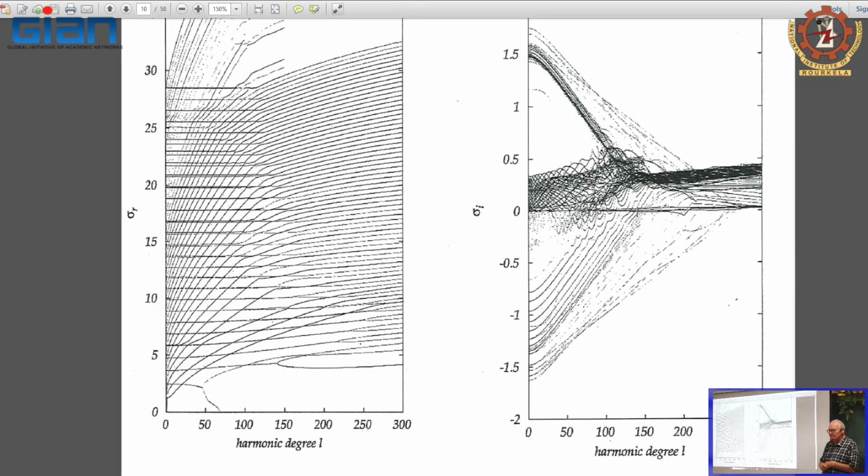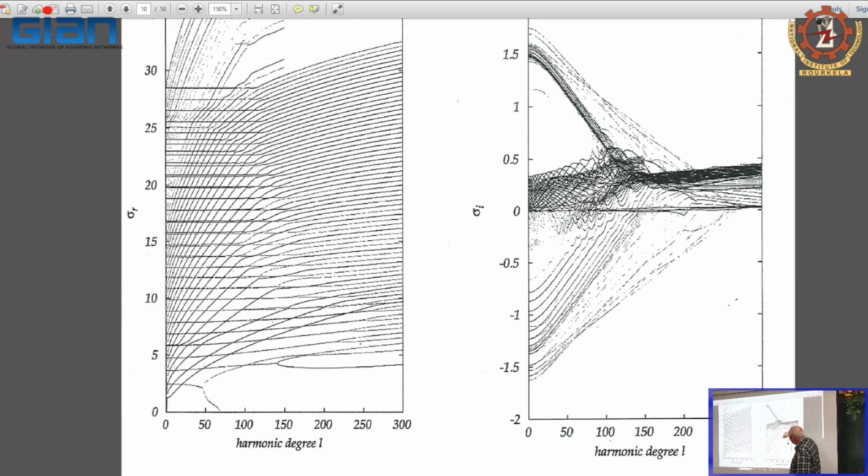Now, if we decrease the harmonic degree, we observe that these modes merge and form an almost complex conjugate pair. This happens here, here, here, and so on. It obviously is not restricted to some maximum order. This merging of modes, forming a complex conjugate pair, appears up to very high radial order of the modes. You see the almost complex conjugate symmetry here.